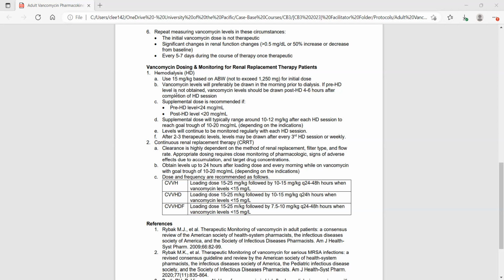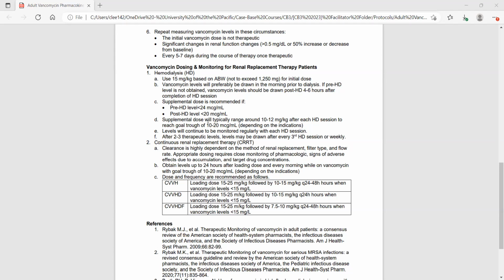So a lot of times different hospitals will have different protocols in terms of how you would dose it after the dialysis. In this protocol, you want to do a supplemental dose, so basically giving another dose after the hemodialysis if the pre-HD level is below 24 or if the post-HD level is below 20, like I mentioned. Your goal is typically about 10 to 20 based on your indication.